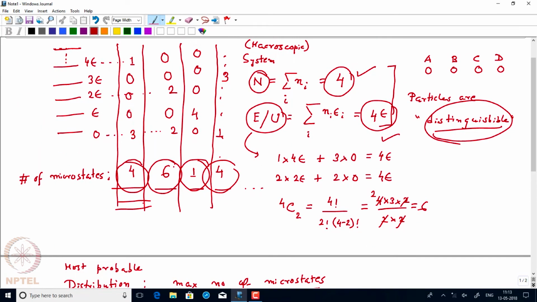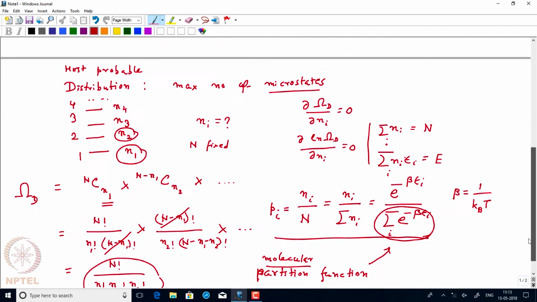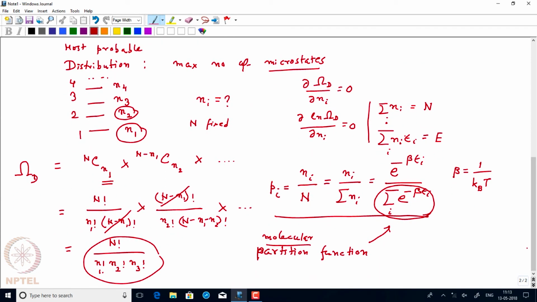So there is a statistical weightage for each such distribution, and you do the statistics of those. Since energy and the number of particles are conserved, these macroscopic systems are not exchanging energy with respect to each other.